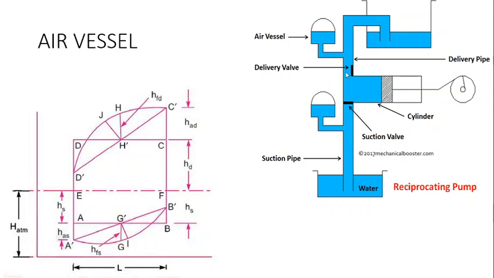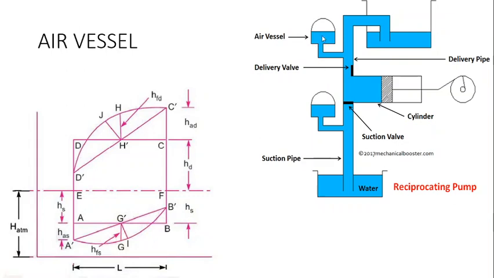So we will get an intermittent discharge of the fluid from the pump. This phenomenon, this non-uniform discharge, can be reduced or eliminated by fitting air vessels at the suction and delivery pipes.